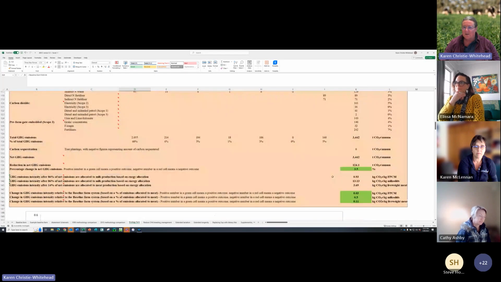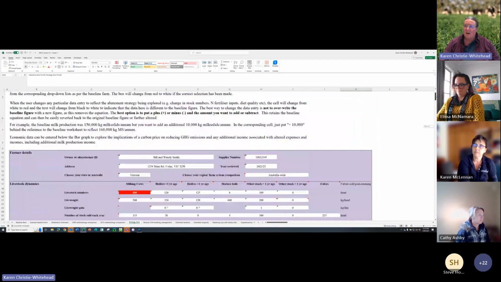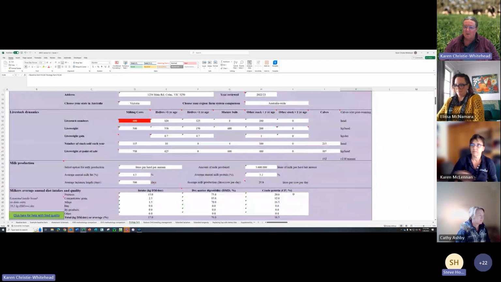We're actually reducing emissions by 124 tonnes of CO2 equivalent just by milking 50 less cows, getting more milk production per cow. Same amount of milk, that hasn't changed, but we've got less cows. Now that was only 100 and odd tonne.